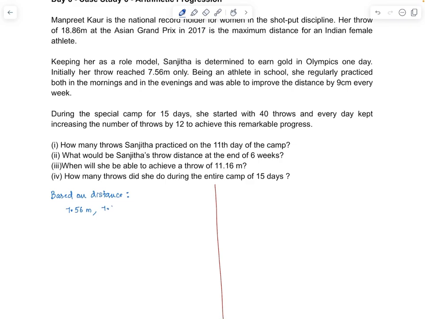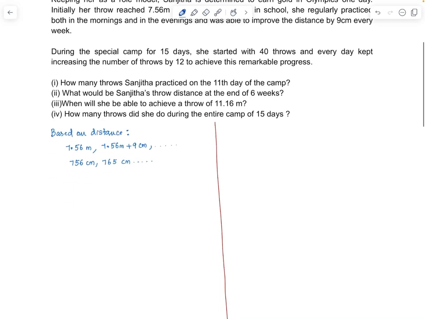So it is 7.56 meter plus 9 centimeter and so on. Writing this in the same unit, 756 centimeter, 765 centimeter and so on. Second AP is based on number of throws, 40, 52 and so on.